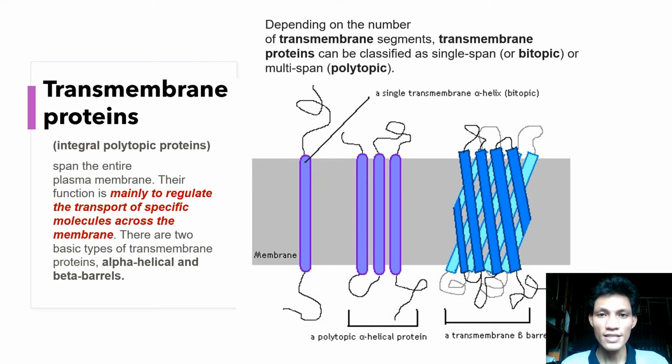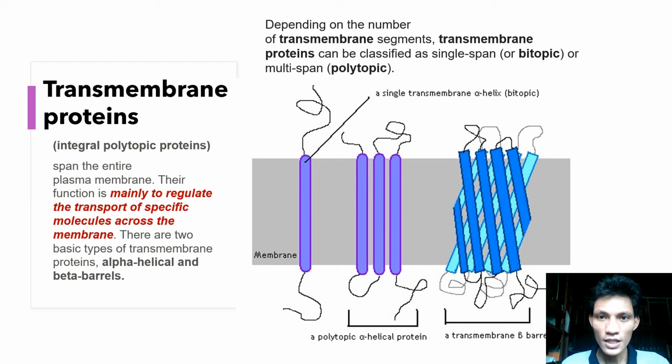There are two basic types of transmembrane proteins, the alpha helical and the beta barrels. Depending on the number of transmembrane segments, transmembrane proteins can be classified as single-span or bitopic and multi-span or polytopic. Now, I would like to emphasize this.